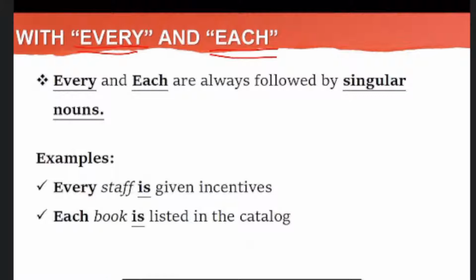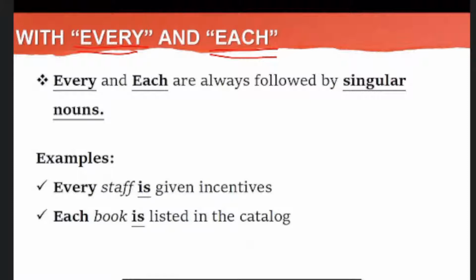This is important because sometimes when you come across the word every, you will have the idea that this might be a plural subject. It seems like there are many of it, but actually, when you come across every and each, it should be followed by a singular noun. Singular noun means only one subject.